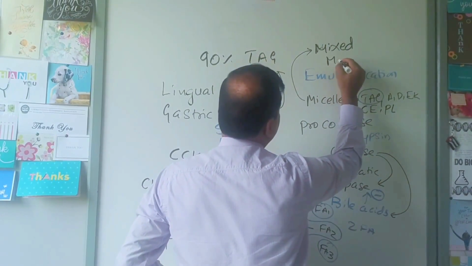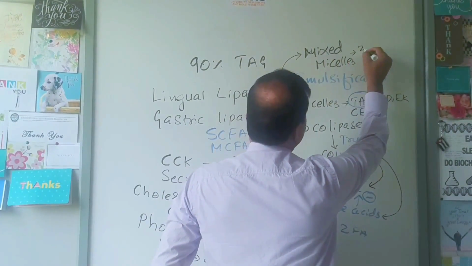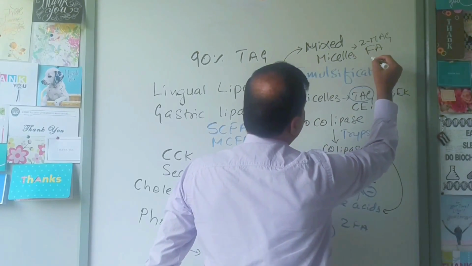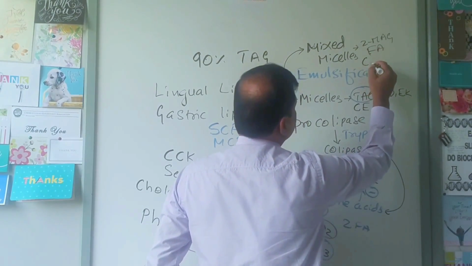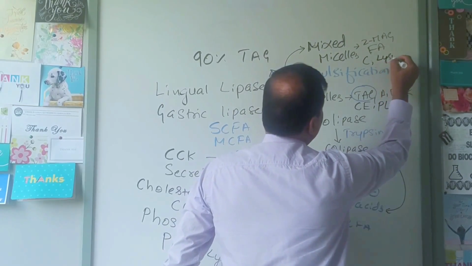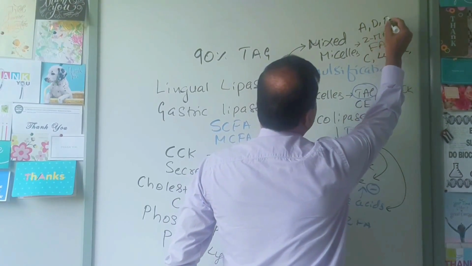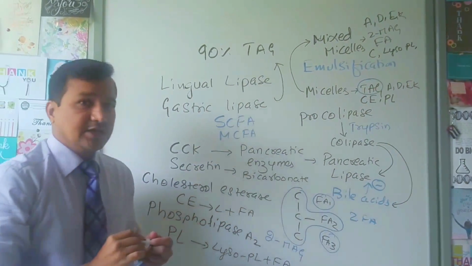Mixed micelle. The mixed micelle has 2-monoacylglycerol, it has fatty acid, it has cholesterol basically, not cholesterol ester, and it has lysophospholipid, and it has vitamin A, D, E, K. These are not changed. So these are the contents present in the mixed micelle.